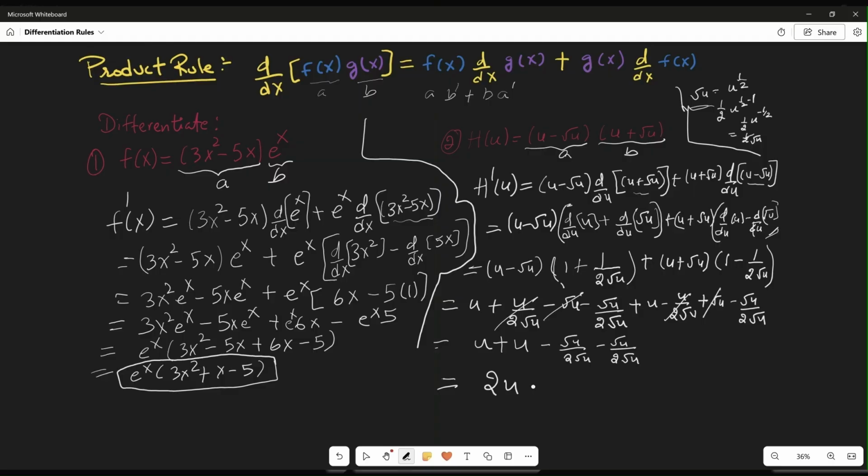This is minus same entities, right? So minus 1 plus 1 is negative 2u over 2u. This is simply cancelling out with each other and we are left with 1. So the answer is 2u minus 1.